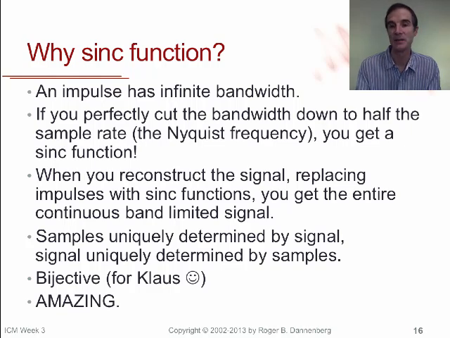So this is bijective, and I think that's really amazing. You can take a continuous signal that exists at infinitely many points, assume it has a finite bandwidth, measure it only at discrete points, and capture all of the information present in that continuous signal. Amazing.